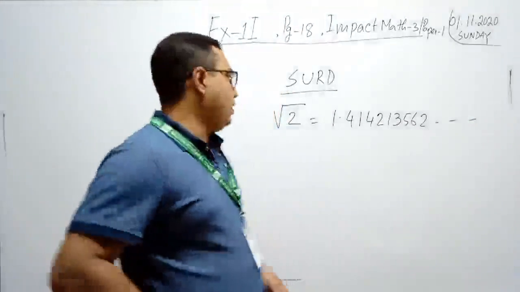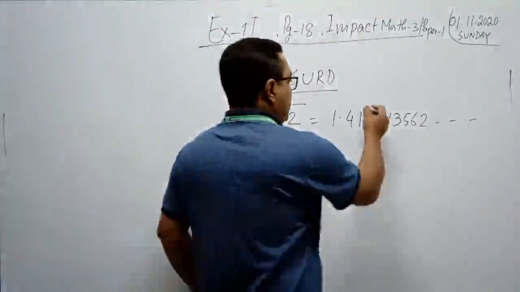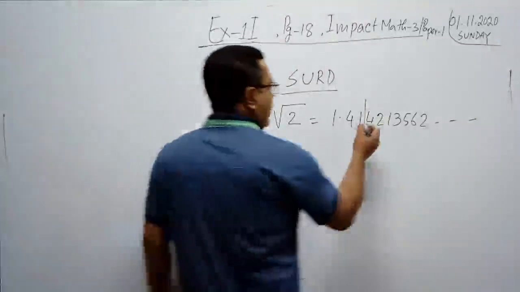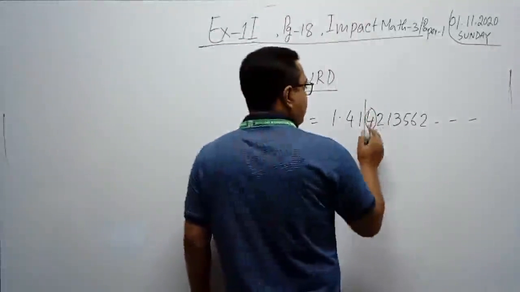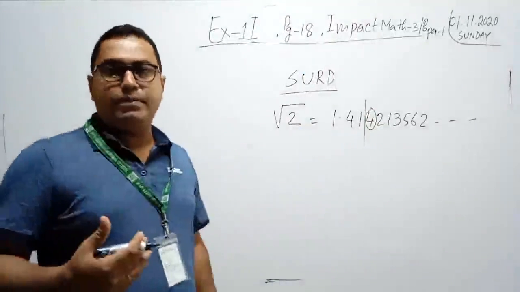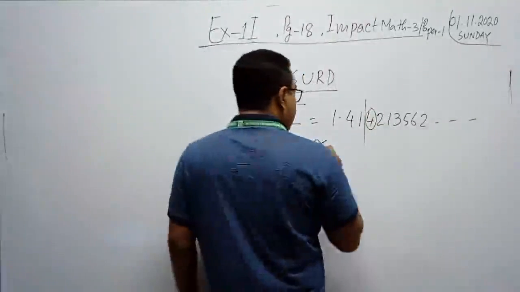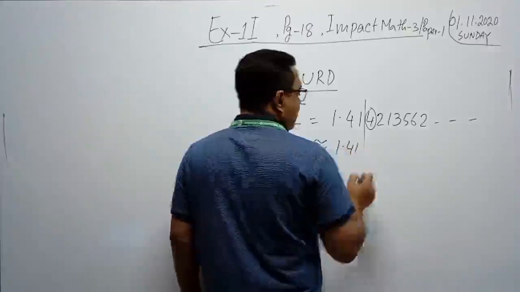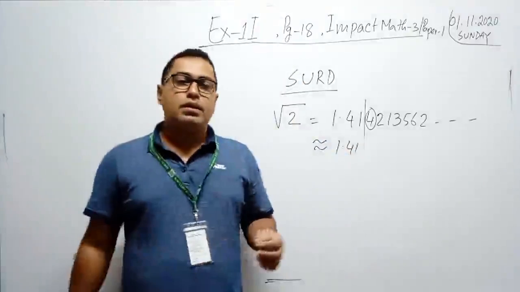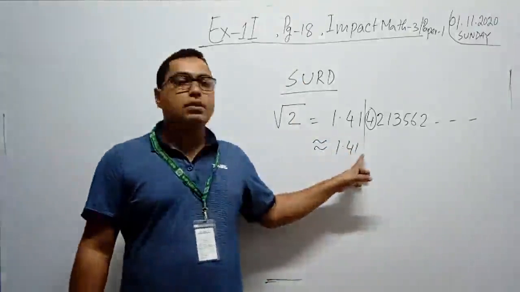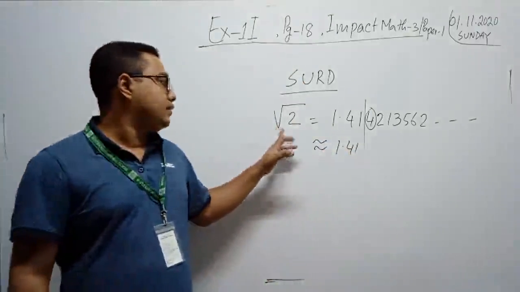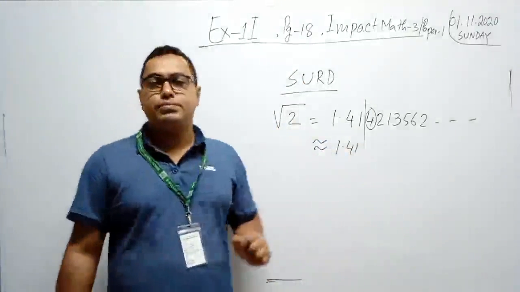If you cut it off, suppose from this one, then if you round it off, 4 is less than 5. That means you will get, suppose, 1.41. So this is a number which is not exactly the value of square root of 2.